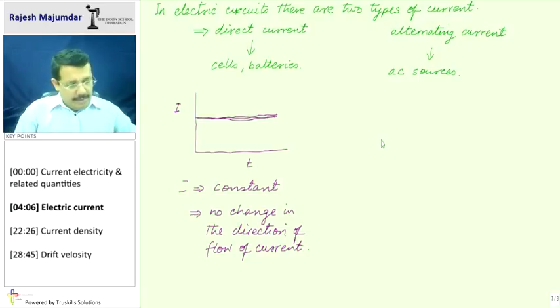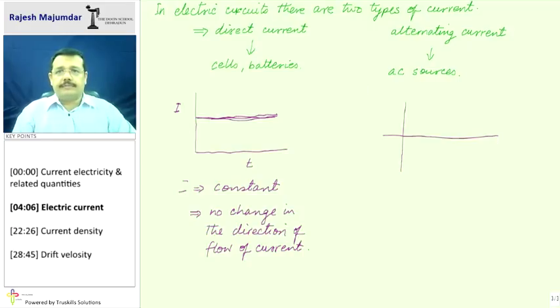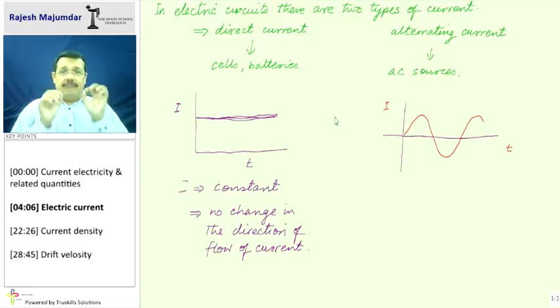But in AC, if you see, the graph of the current is like this. With time, the value of the current is like a wave. That means the value of the current is not constant. It keeps on changing.